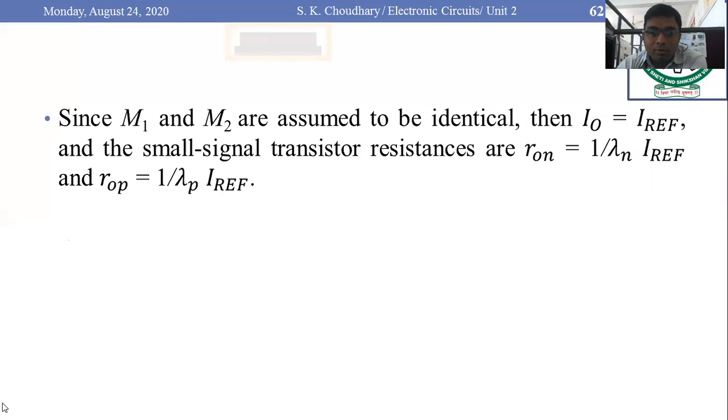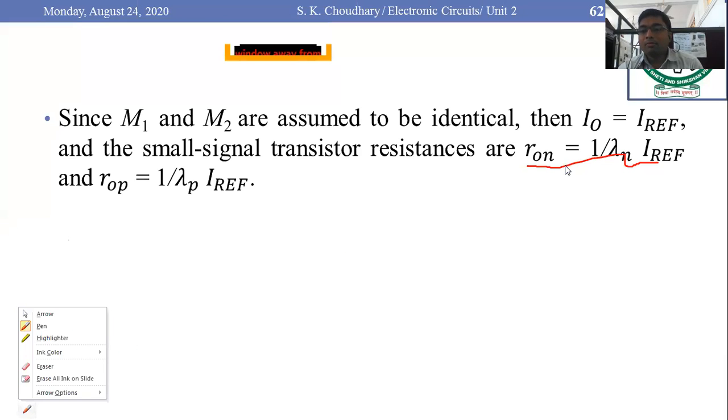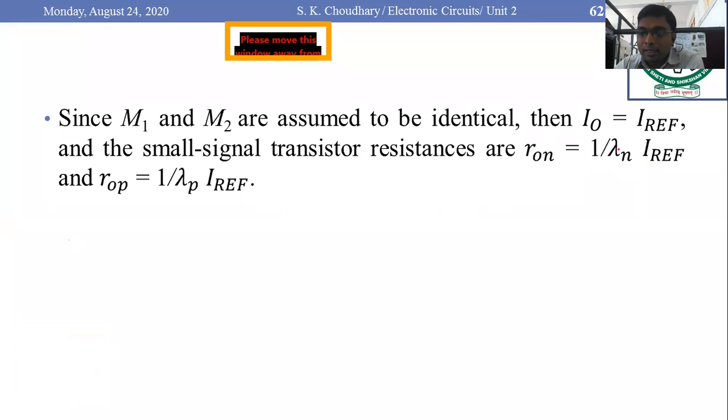We defined this formula when we discussed finite output resistance in the first unit, where the output resistance R naught is equal to 1 upon lambda ID. Here ID is I reference. In the similar fashion, for the load transistor, R naught P, because it is a PMOS, is 1 upon lambda P I reference.